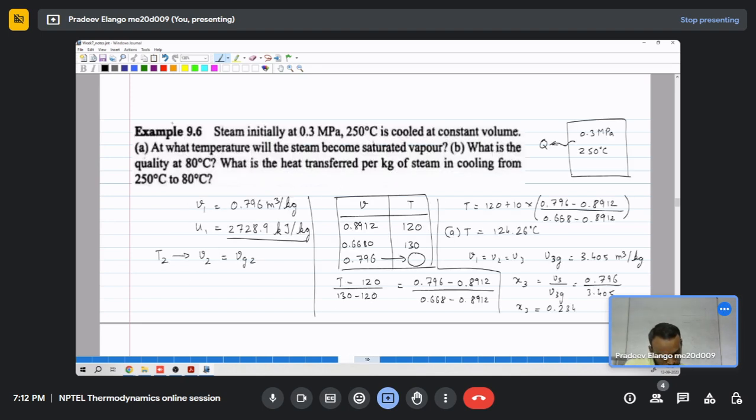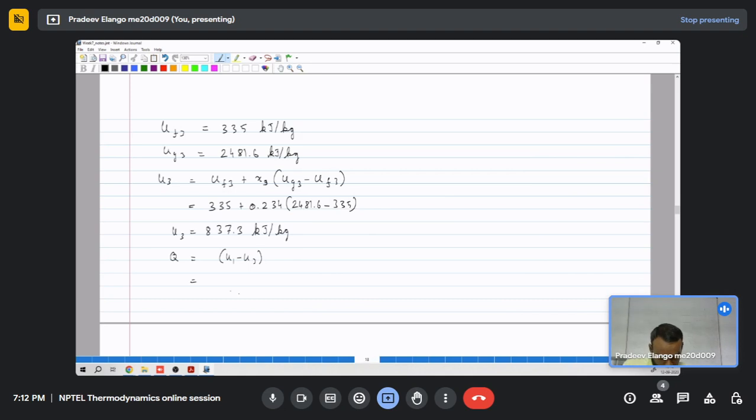So that is 2728.9 minus 837.3. That is 1891.6 kilojoules of heat is transferred for every kilogram of steam.